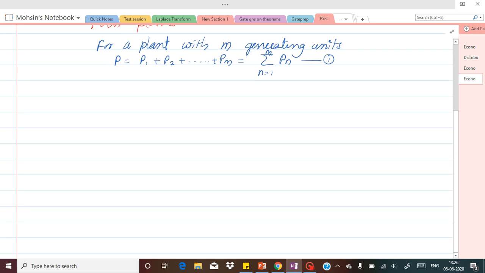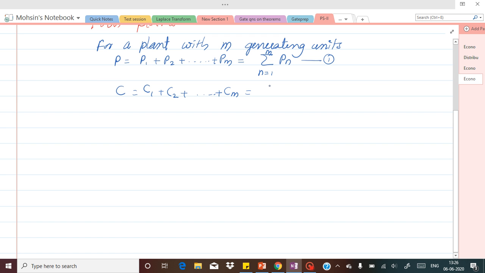Similarly, for generating that amount of power, it needs to have fuel cost. Let me indicate the total fuel cost of m units given by C equal to, where C indicates the fuel cost as we have used earlier, C1 plus C2 plus, so on plus Cm for the mth unit.